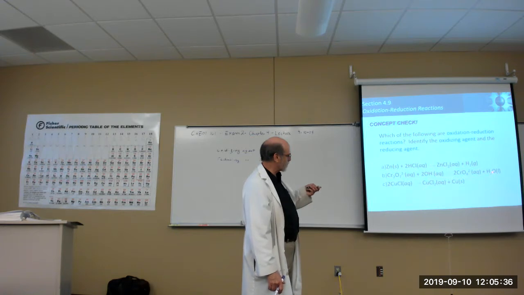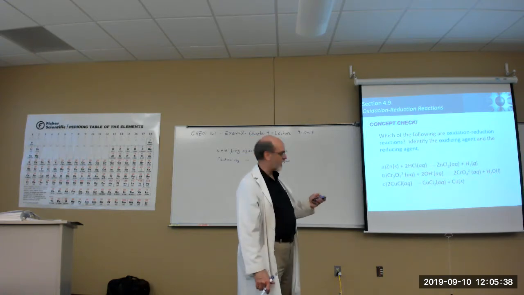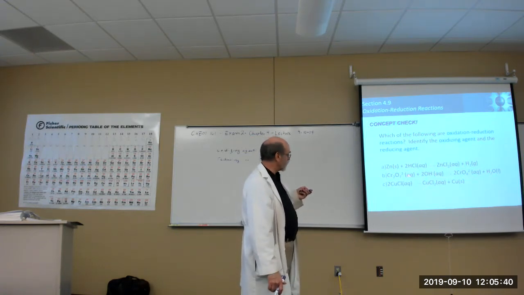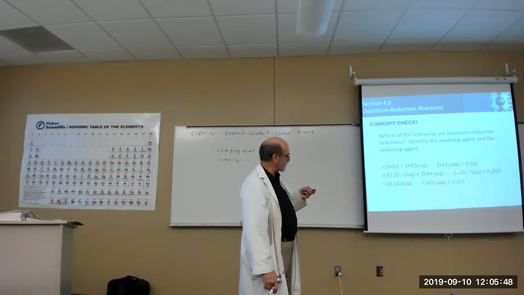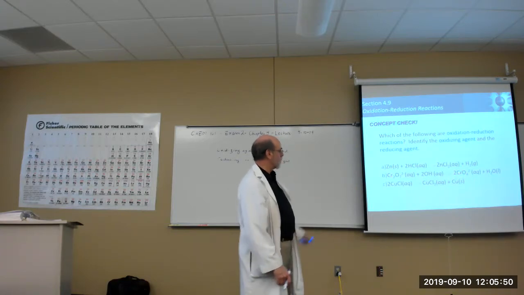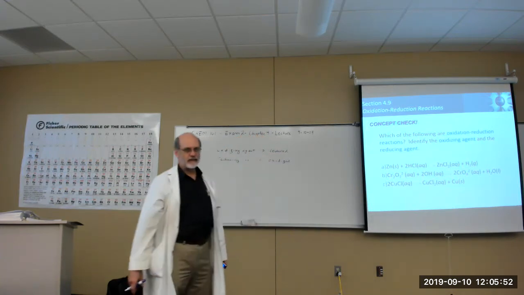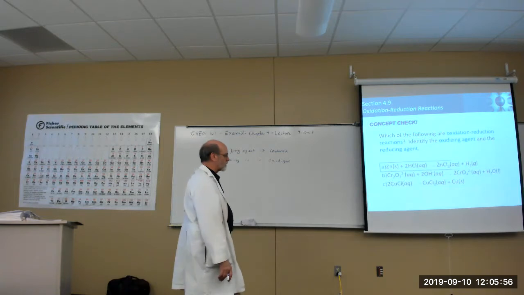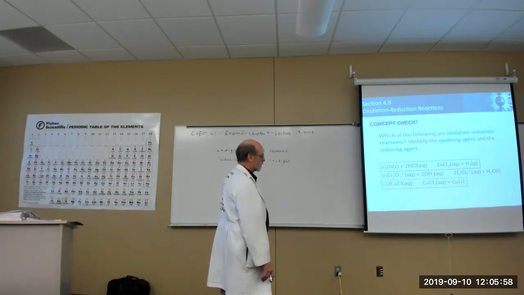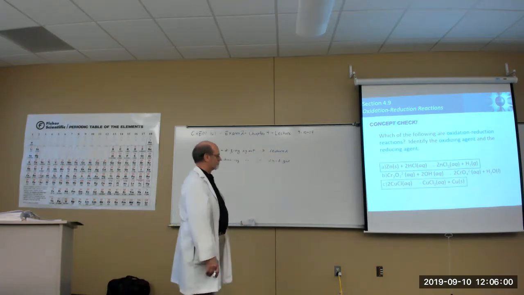Hydrogen is the same on both sides. You can calculate it to verify. The only thing that you really need to focus on is the chromium. Is the chromium oxidized or reduced? Well, if we determine the oxidation state of chromium here and here, we find out it's exactly the same, +6. So the only ones that are oxidation reduction are those two.